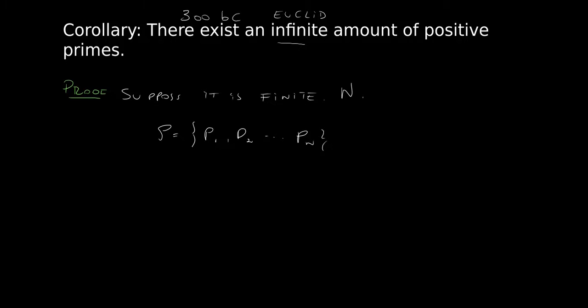Now let's consider this number m, which is going to be the product of all the prime numbers plus 1. We can also write m as the product from i equal to 1 to n of p sub i, plus 1.